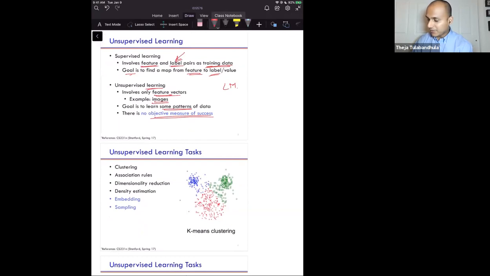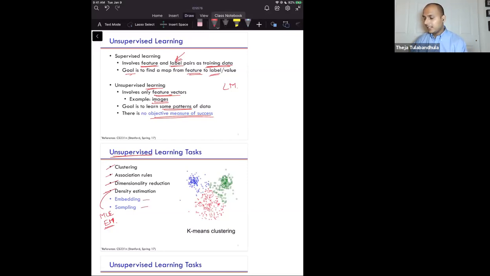So let me just list some of the unsupervised learning tasks: clustering, association rules, PCA-based dimensionality reduction, and density estimation. Here I'm just talking about maximum likelihood estimation, or even using EM for some more difficult estimation problems. EM just stands for the expectation maximization technique for estimating parameters of a more complicated density function. What we'll see today, some of the new things, are embeddings and sampling.